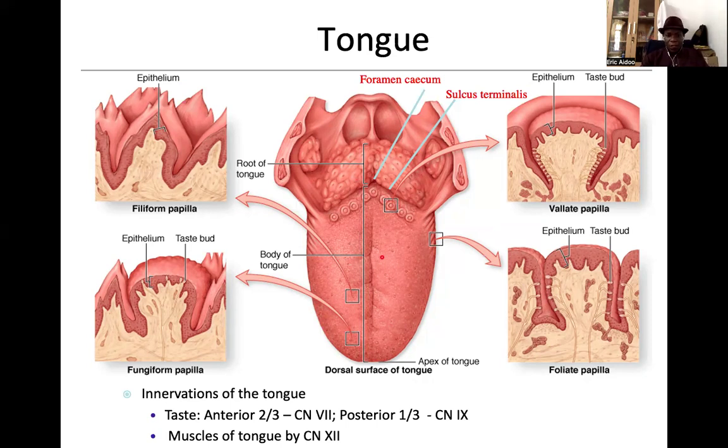So on the tongue, you have so many projections called papillae, okay? And it's within these papillae that you have the taste buds, okay? So what you usually see grossly on the tongue, those pointed things, are not taste buds. They are actually papillae, okay?